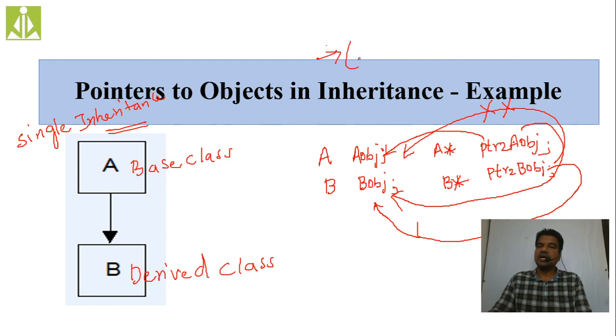We call it the indirect access operator. So basically we have to use the indirect access operator whenever we are dealing with a pointer to object.